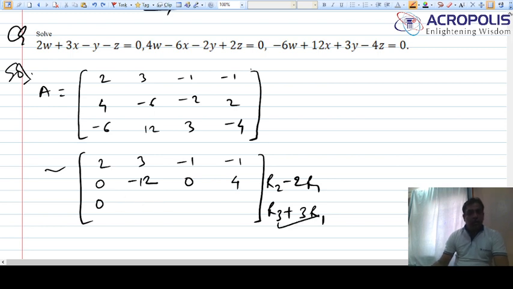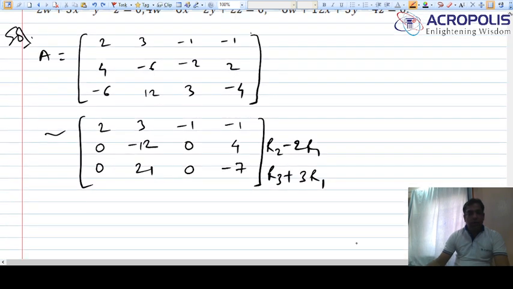And by this operation, 3 into 3, 9, 12 minus 9 is 3. Not 3, this will be 9 and 12, that is 21. We are adding this. This will be 0 and this will become minus 7.